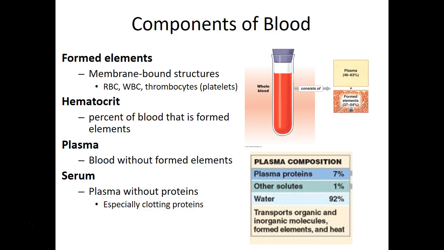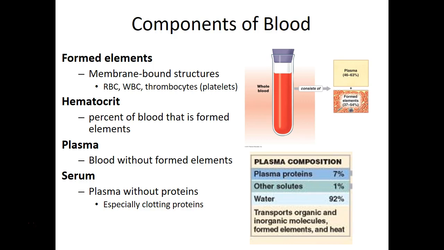So we have to include those as part of these membrane-bound structures, which is why we can call them formed elements and not cells. Platelets, thrombocytes, aren't really cells. So we have red blood cells, white blood cells, and thrombocytes.